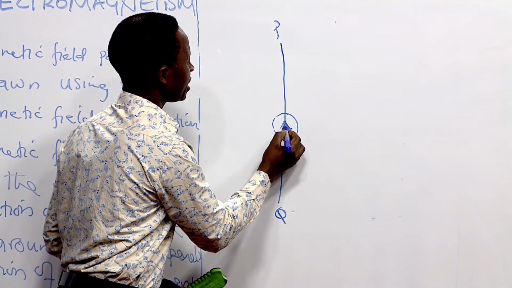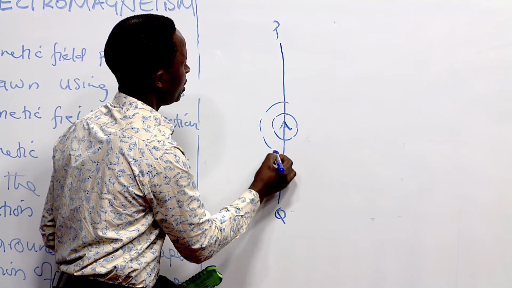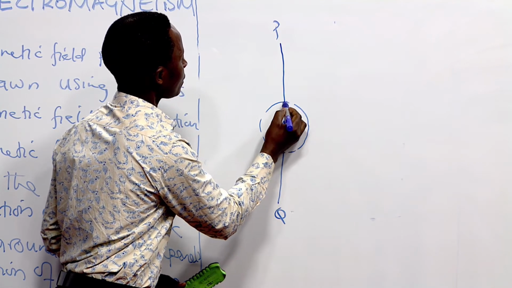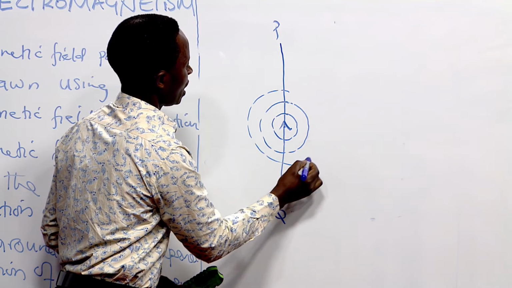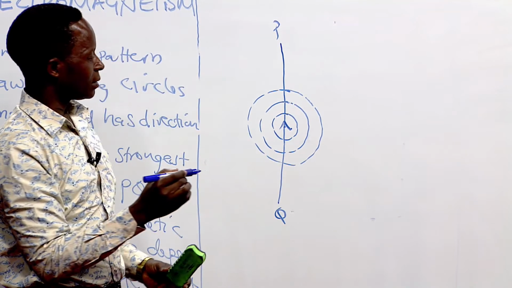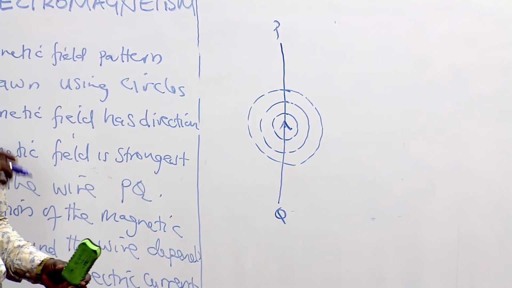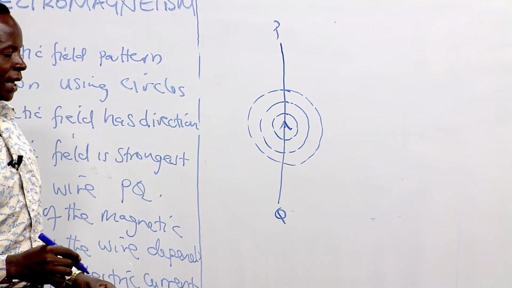Those circles are sharing the wire as a center. You don't need to draw very many. You can draw 3 of them and make sure that they are concentric circles. So it's better you use a compass with this wire being the center.